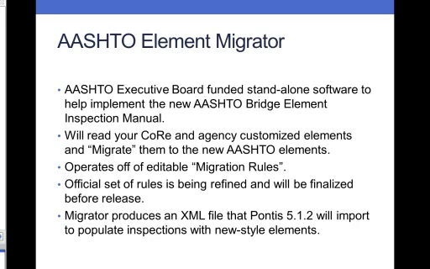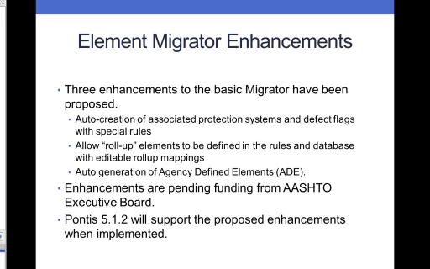Basically, a couple of issues dealt with the migrator not being able to associate defect flags, wearing surface, or a protection system to its parent element. So if you had a steel beam with paint, the migrator wouldn't effectively deal with that situation.